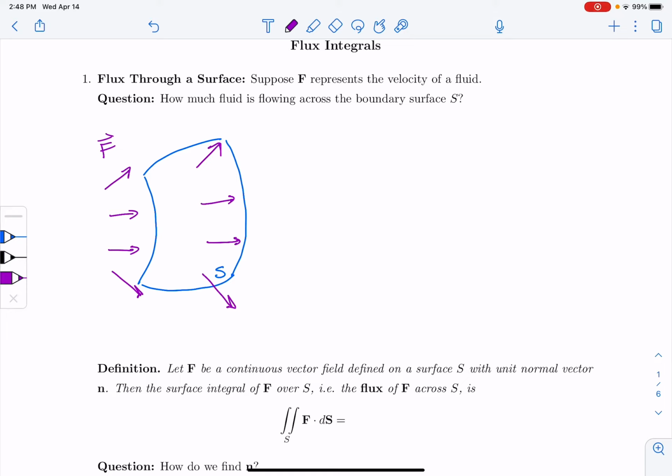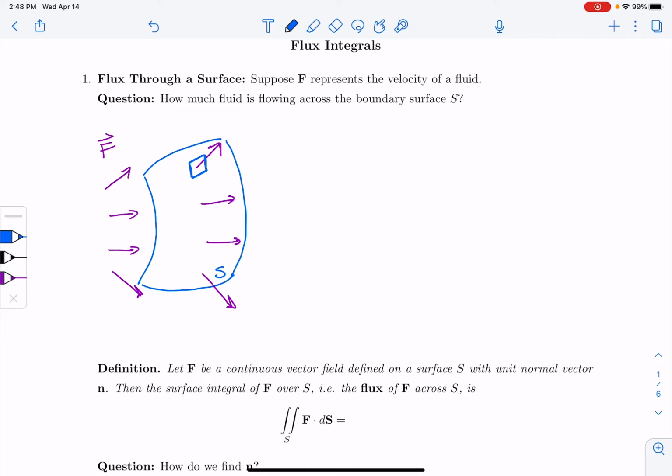So what I'm going to do is break up this surface into little pieces, maybe about this size, and then I'm going to think about there being just one arrow, one vector in my vector field F that represents the velocity of that fluid.